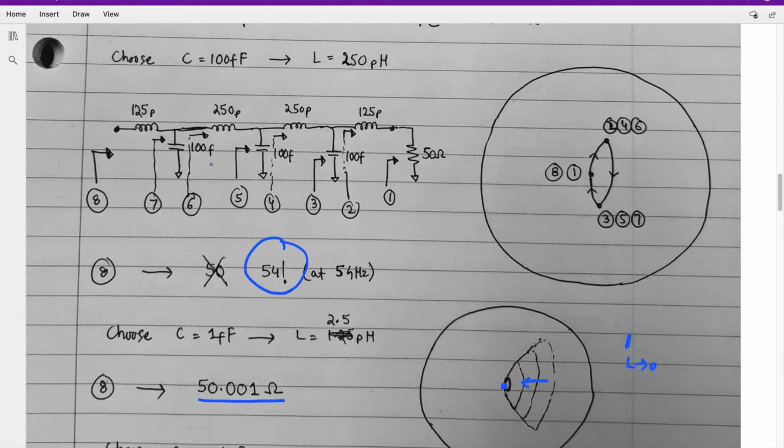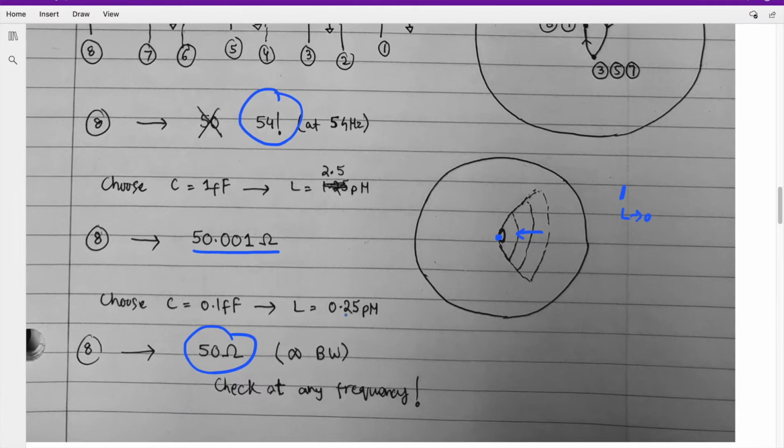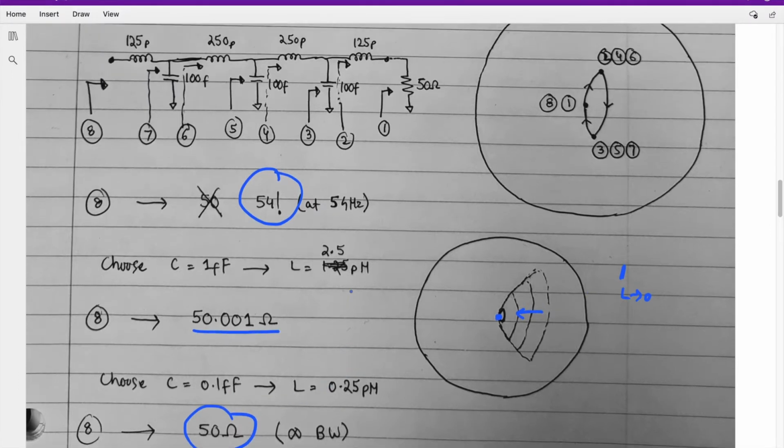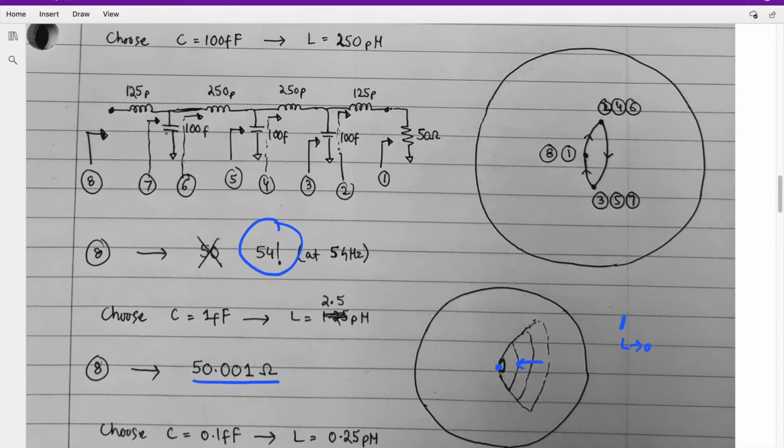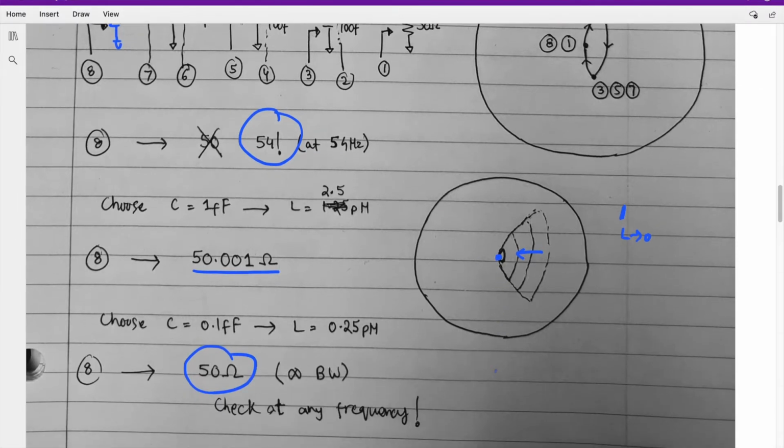So I had to add these sections to make it look close to 54 ohms. But here, you don't have to worry about that because you are analyzing an infinitesimally small line. These inductors or capacitors are infinitesimal. So no matter what inductor or capacitor you put here, or no matter if you start from a capacitor first or an inductor first, it will always give you 50 ohm. Okay.